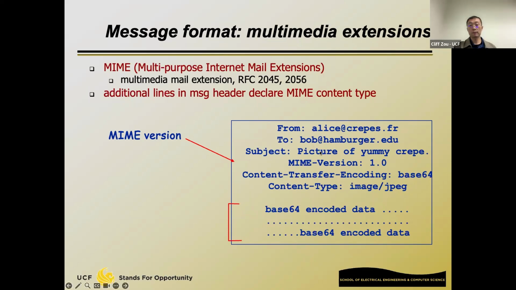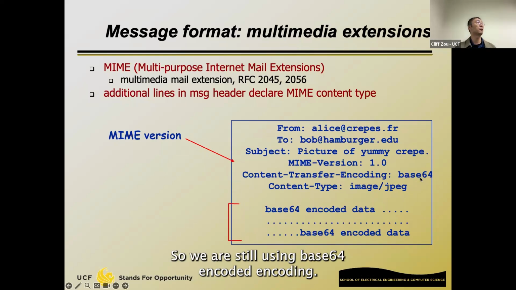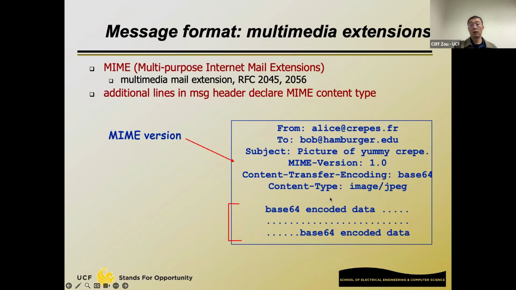This is the content transfer encoding, base 64. So we are still using base 64 for encoding. And content type is the type of this data file. It also has the content file name information.